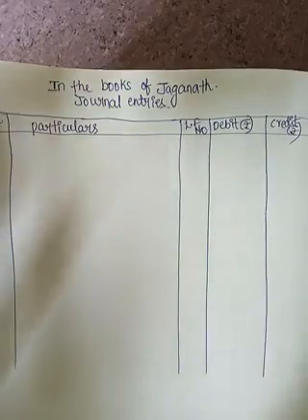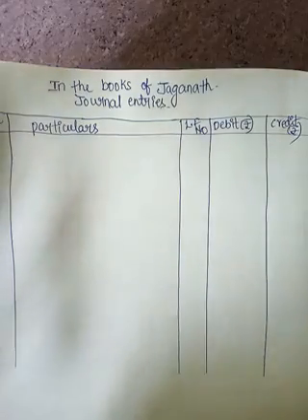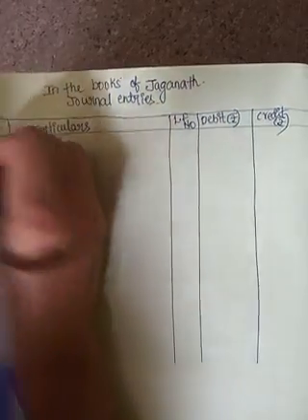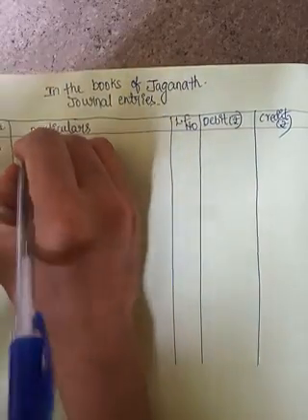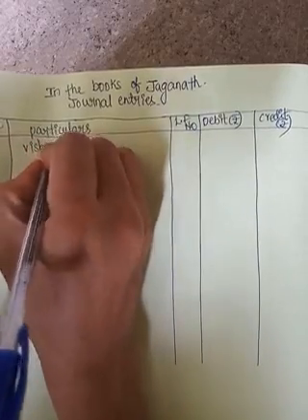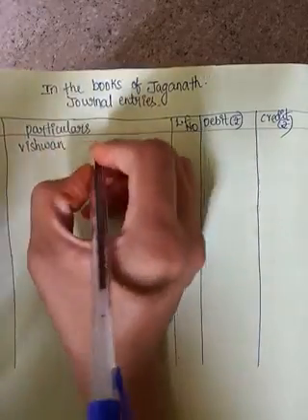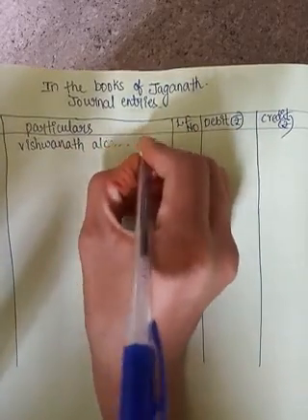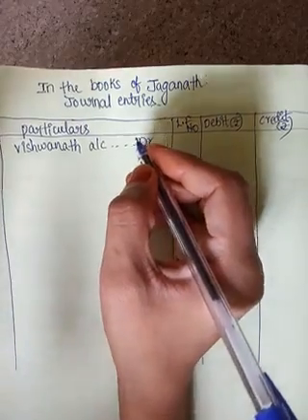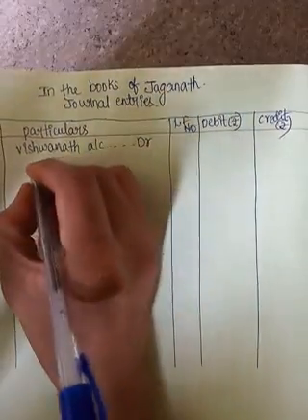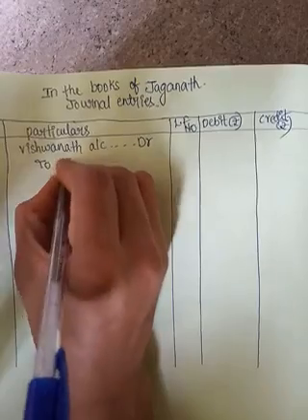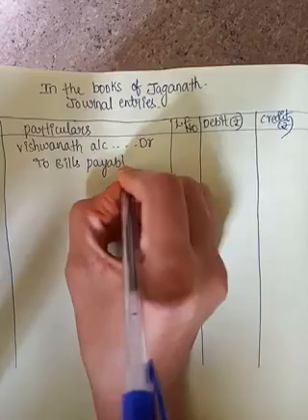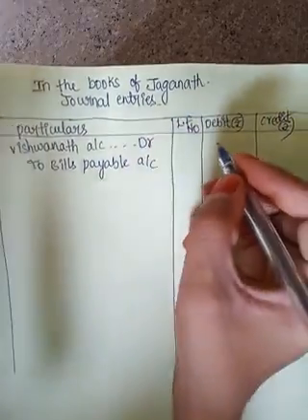For that, the entry is: Vishwanath account debit to bills payable account.